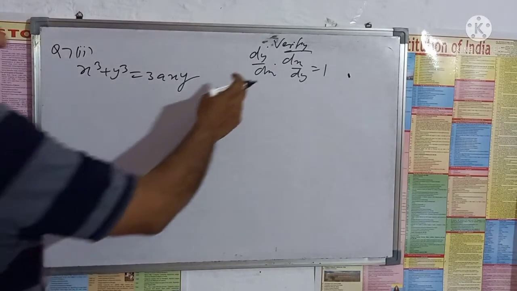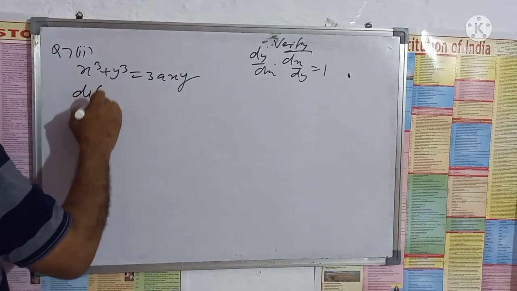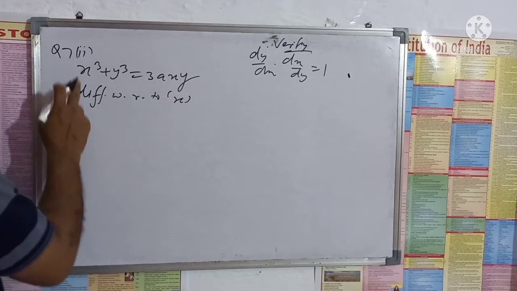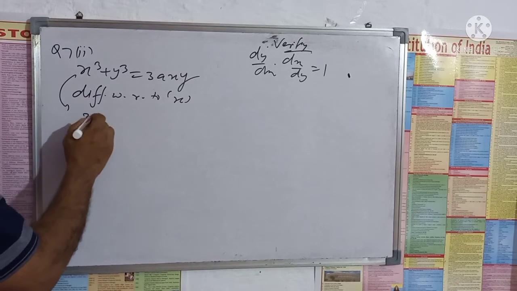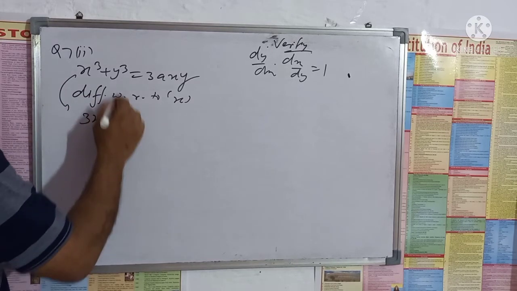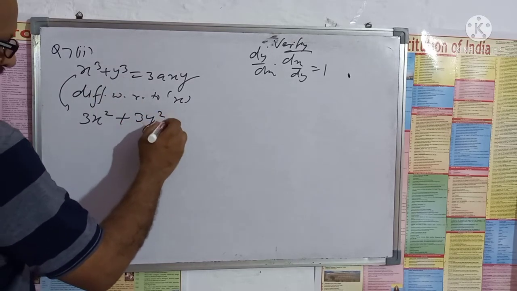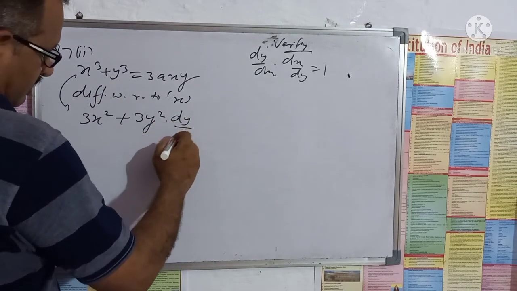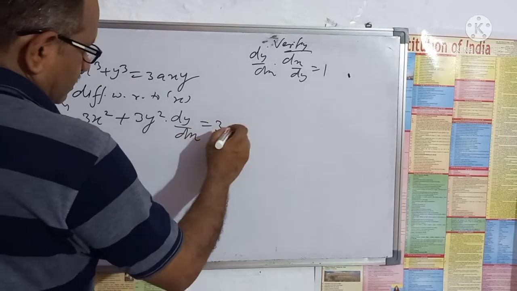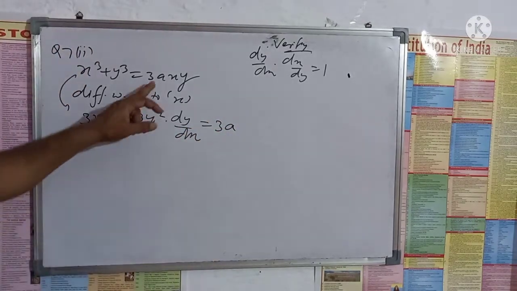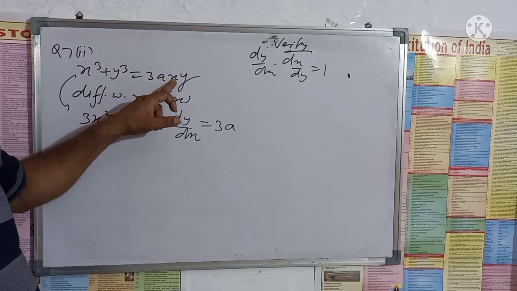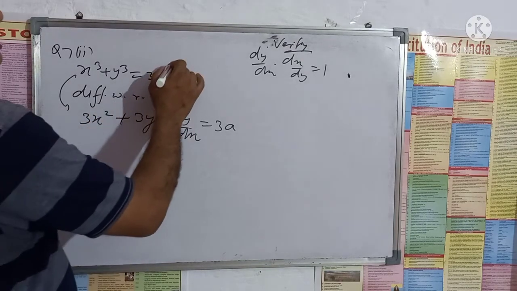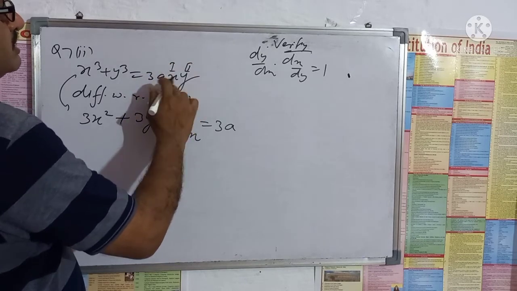So firstly differentiate with respect to x. What is the derivative of x cube? It will be 3x square, and y cube gives 3y square into dy by dx. 3a is constant, and here x into y, so we have to use the product rule. x is the first function, y is the second.